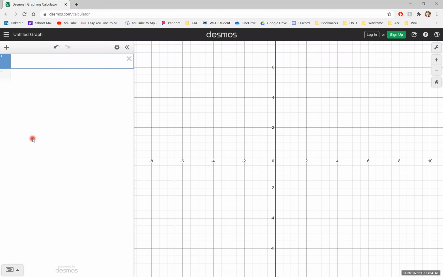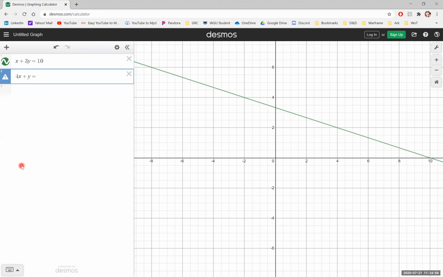The first one that we had was x plus 3y equals 10. It's in green. Our second equation we've been given is 4x plus y is equal to 18. So we have our two graphs built out here for ourselves.